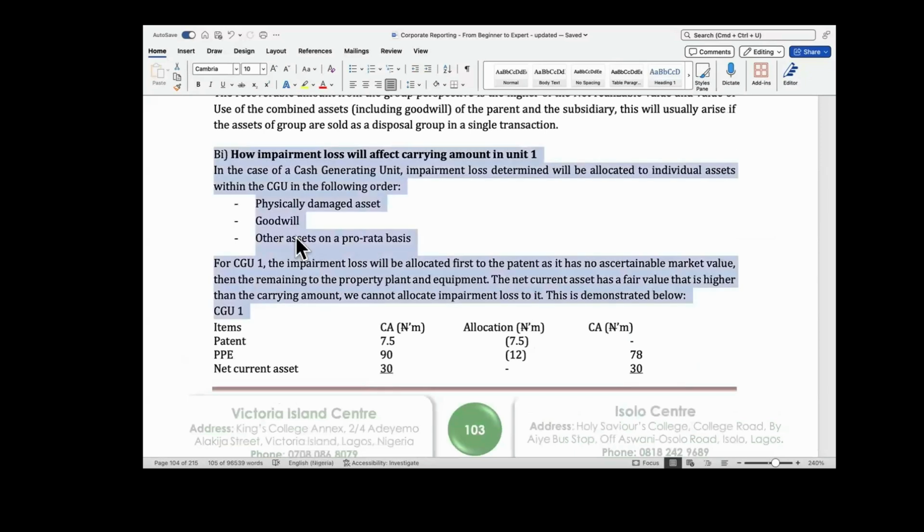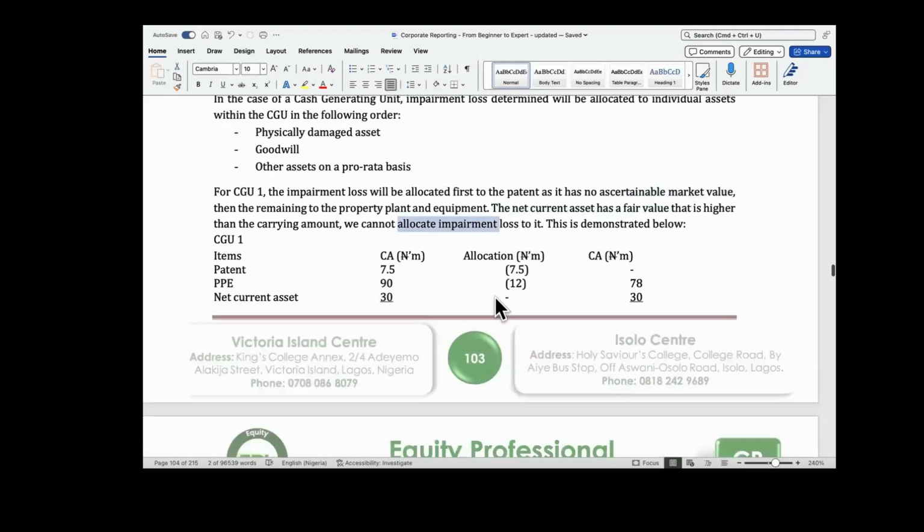I then explained that the impairment loss will be allocated first to patents because they told us it does not have market value, and the remaining will go to plants. I also told them that the net current asset's fair value is higher than its carrying amount, so we cannot allocate impairment loss to it. And I did some illustrative figures.